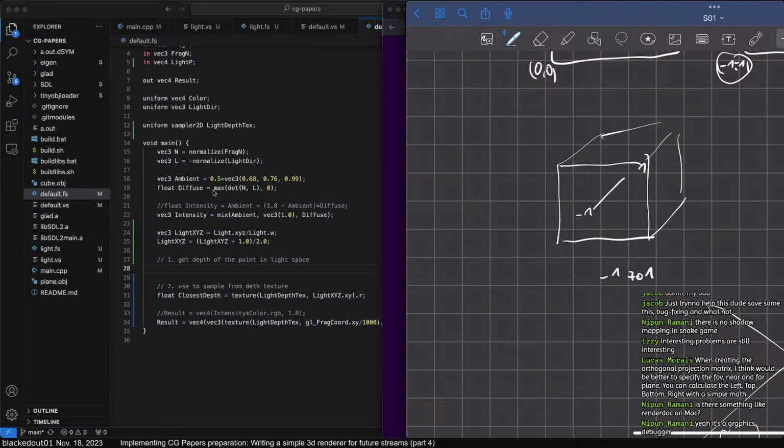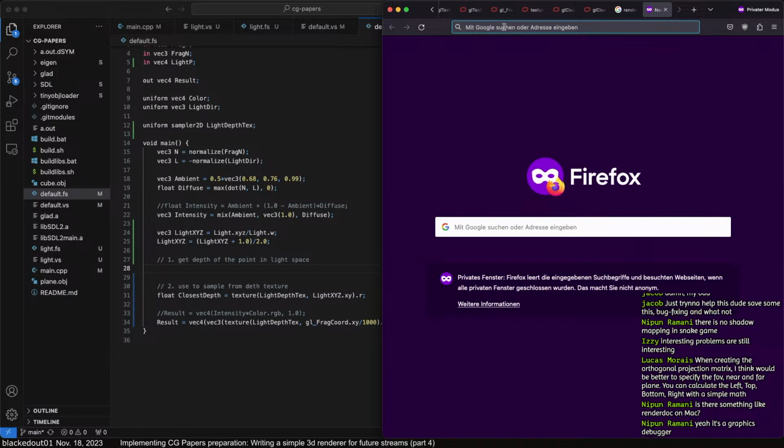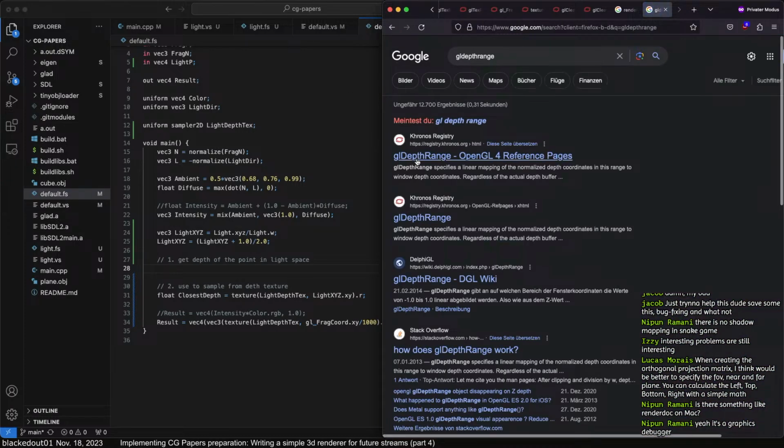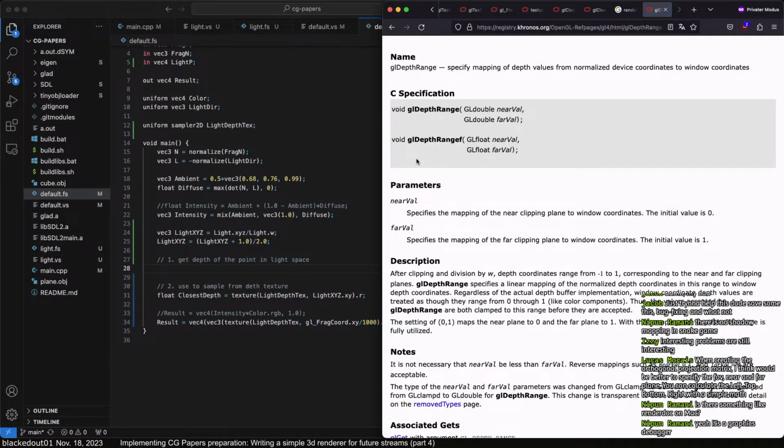But the actual depth buffer stored depth is a different range, and you can specify this with the GL depth range. Here you specify the mapping of depth values from normalized device coordinates, so NDC, to window coordinates. So this is the depth in the window coordinates.